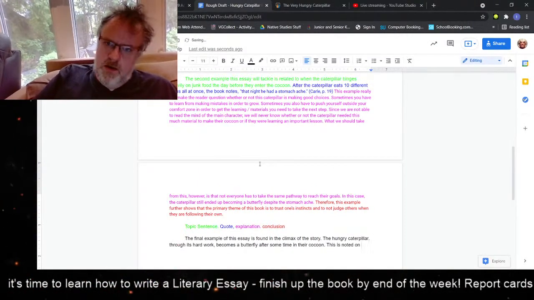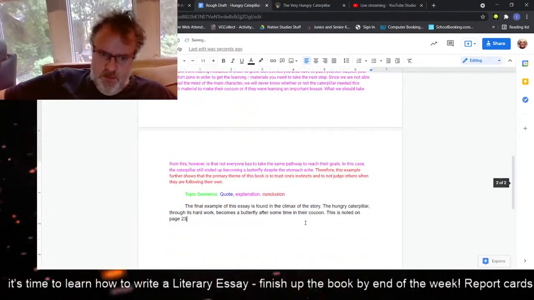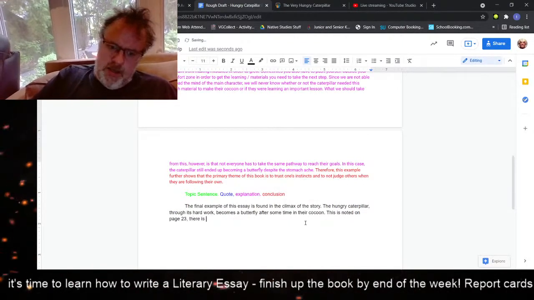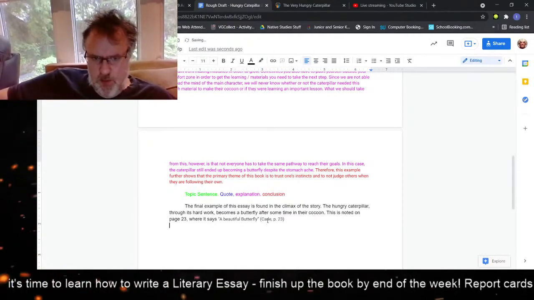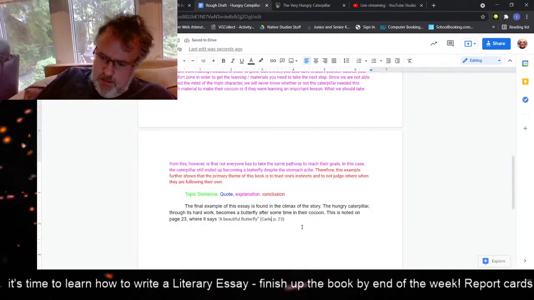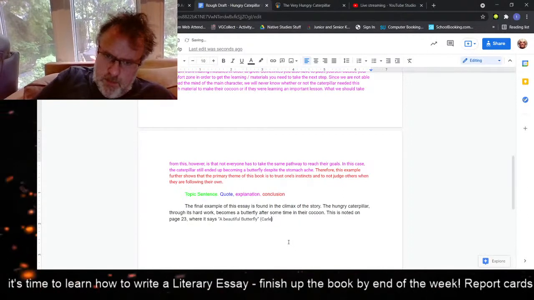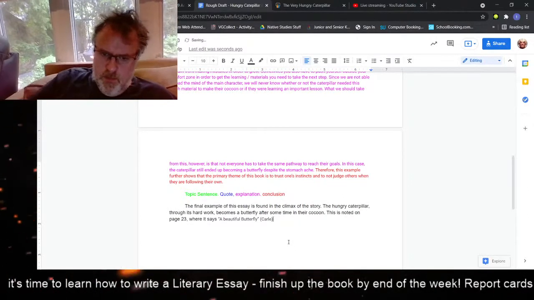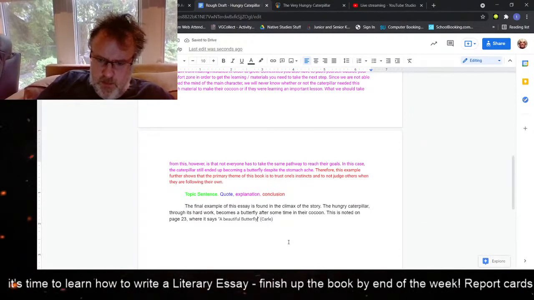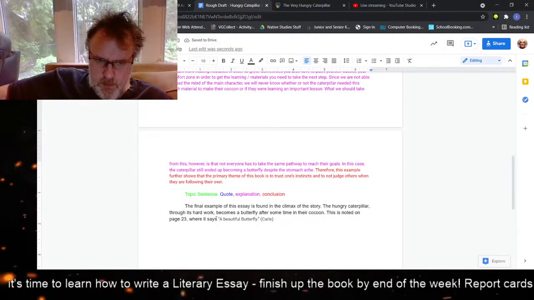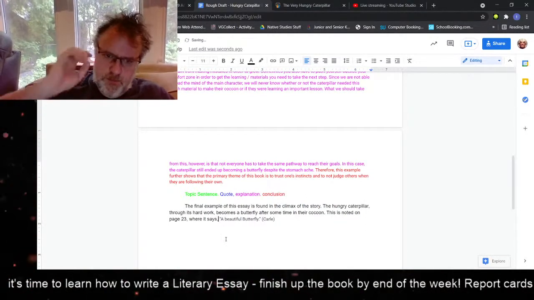This is noted on page, what is it, 23, where it says "a beautiful butterfly." Okay, actually that is a comma.